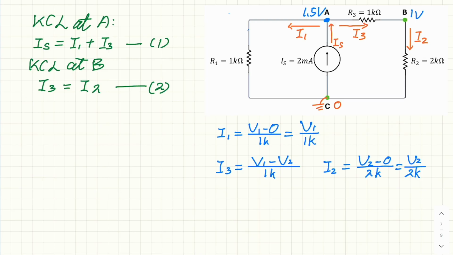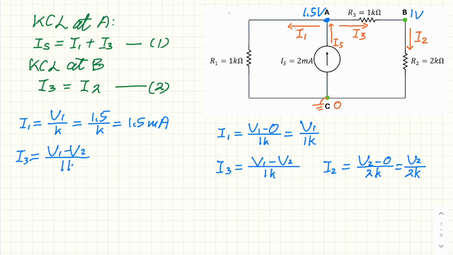Now the current I1 is equal to V1 over 1K, and V1 is 1.5 volt over 1K, so it means 1.5 milliampere. For I3, it is equal to V1 minus V2 over 1K. V1 is 1.5 minus V2, 1, over 1K.